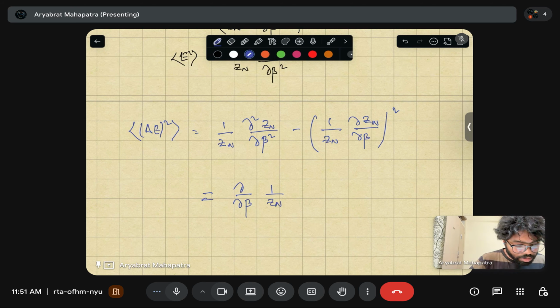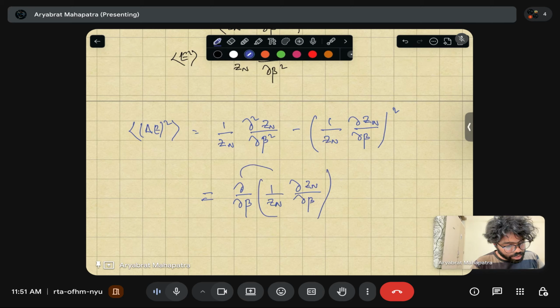If you take this derivative over this whole entire thing, then you get these two terms. So by the product rule, you can see that this can be written in this total derivative form.